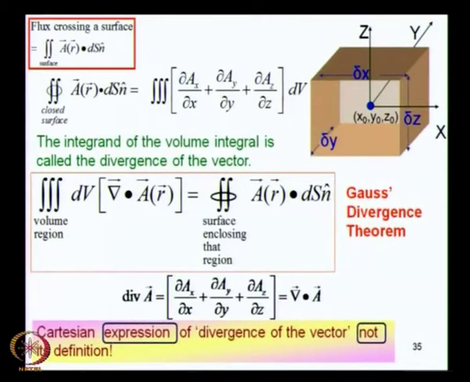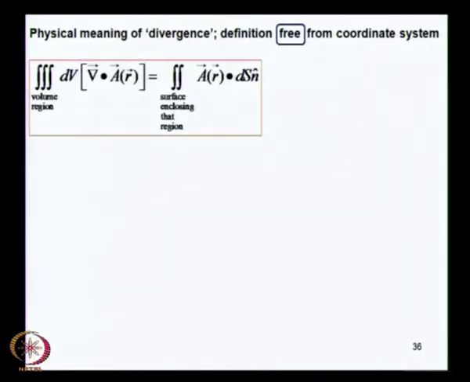It is correct in the Cartesian frame of reference, nothing wrong with it, but let us not give it the status of a definition. So, let us now introduce a definition which is free from any coordinate system. And if you look at this mathematical equality, it already suggests to you what the definition should be.